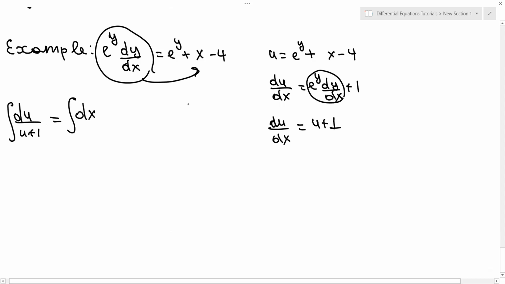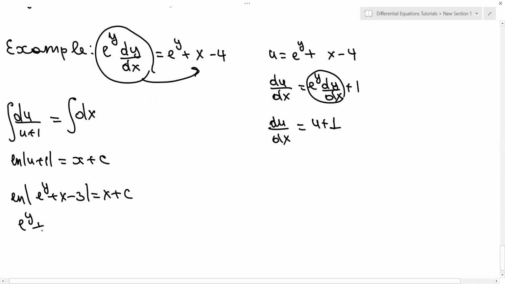So we just write this again. It's easier to write. So we have ln u plus 1 is equal to x plus c. And again ln e to the power of y plus x minus 3 is equal to x plus c. And we have e to the power of y plus x minus 3 is equal to e to the power of x plus c.